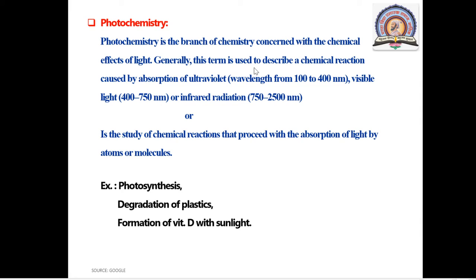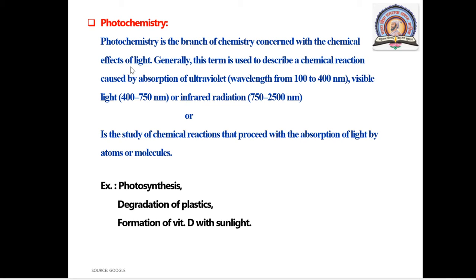Generally, this term is used to describe a chemical reaction caused by absorption of ultraviolet radiation having wavelength 100 to 400 nanometer, visible light having 400 to 750 nanometer, or IR radiation, that is infrared radiation, having 750 to 2500 nanometer.